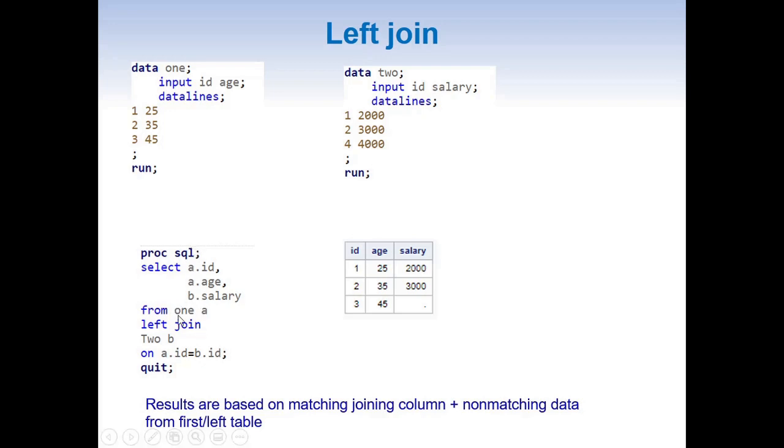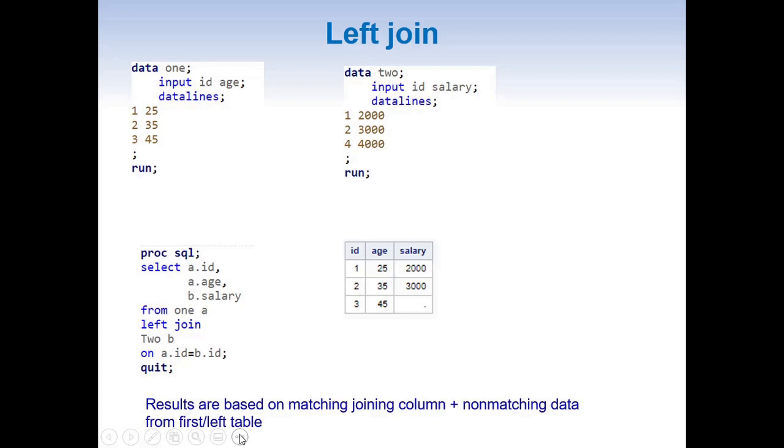Now the code is almost similar to what we have discussed. Let's look into the results, and also let's discuss briefly about left join. Left join gives the results based on matching of the joining column, like what we have seen in inner join, and also it brings non-matching data from the first or the left table.